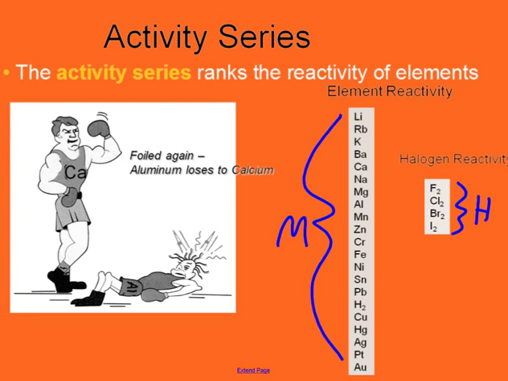Fluorine is the most active and iodine is the least. So, the top of the list are the most active elements, the bottom of the list are the least active. So, if something is going to replace something in single displacement, the lone element must be more active than the element trying to be replaced in the compound.